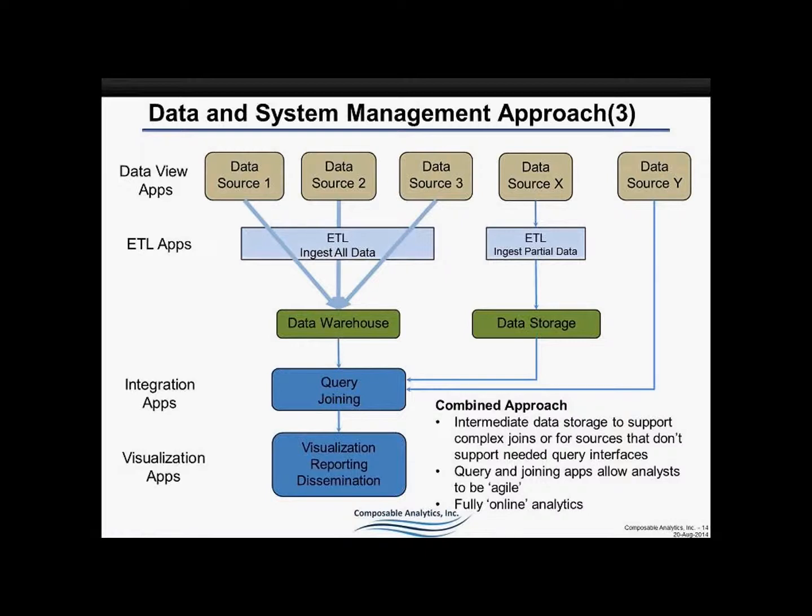And you can still bring in, say, data source Y and do the joining there through an integration app within Composable Analytics. And you can also develop apps that are saving data to a temporary storage to do the querying if that data source doesn't provide those query interfaces. So Twitter's a great example of that.